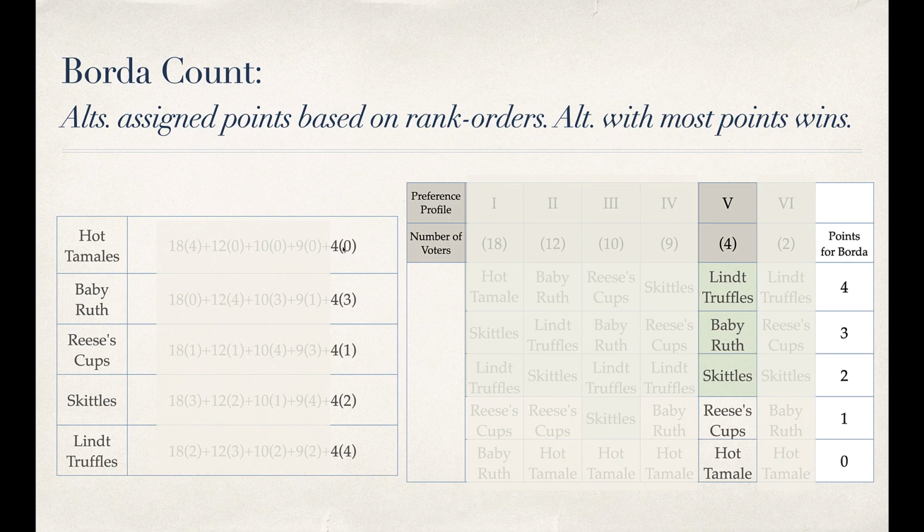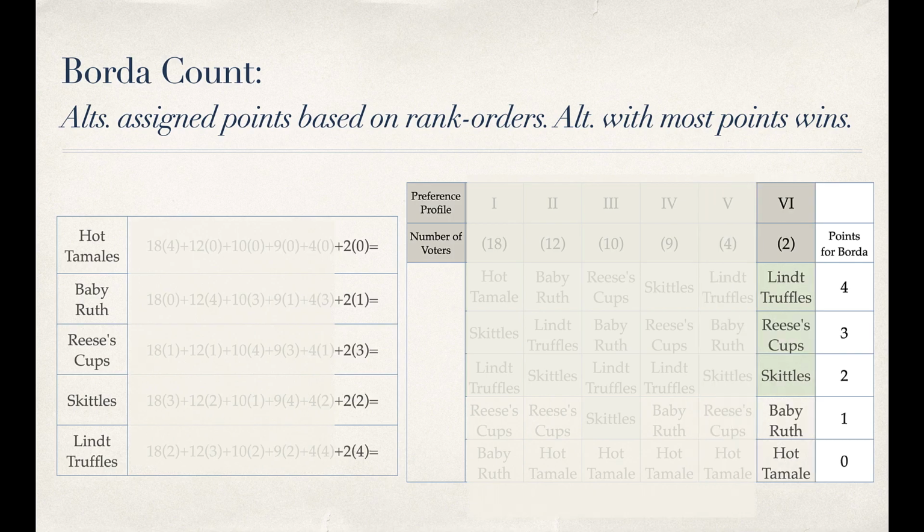And then for the last group, the group of 2, they give Lindt Truffles their 4 down here. They give Reese's Cups their 3 right here, those 2 voters. They give Skittles their 2. They give Baby Ruth their 1. And they don't like Hot Tamales at all, so they give that their 0 in the scoring rule.